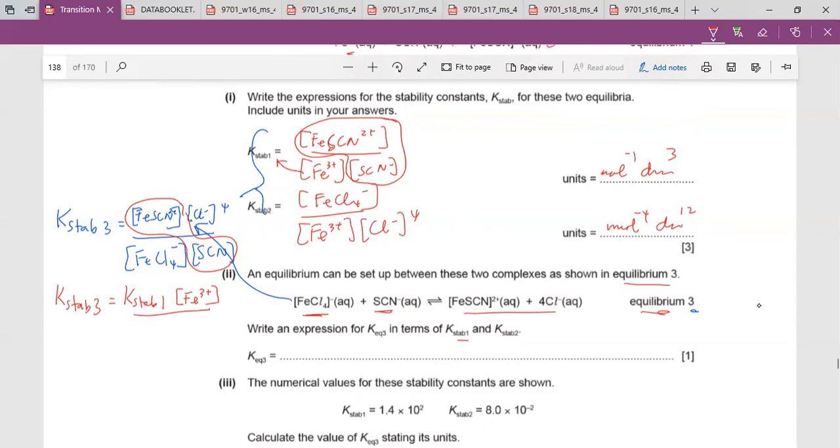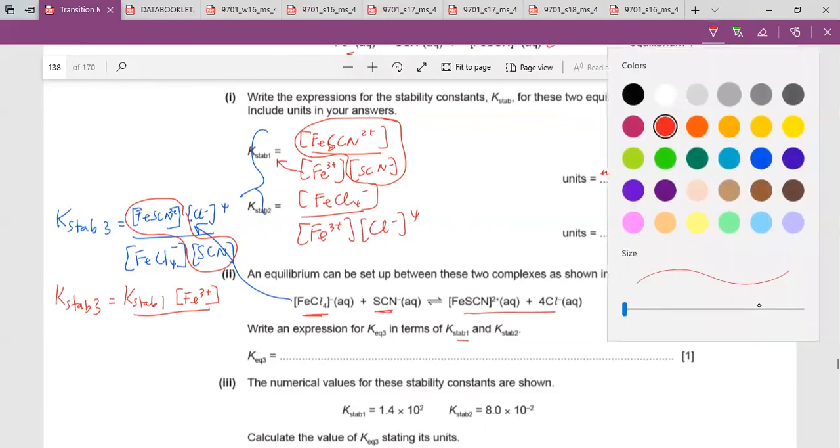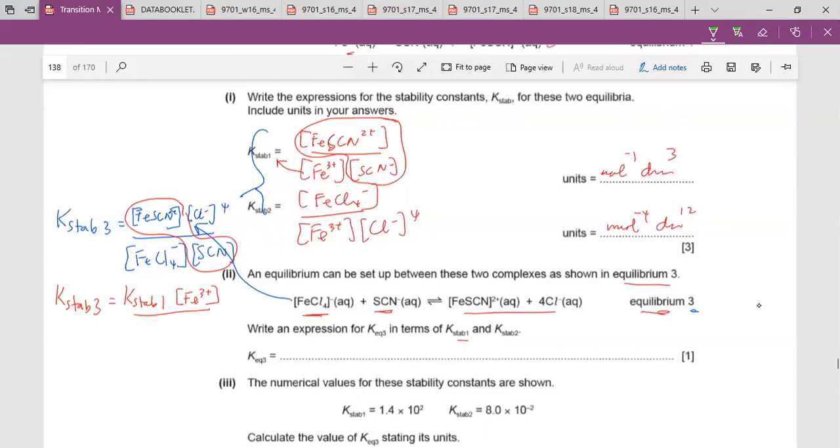Now look carefully. I'm going to use green color so you can see clearly. Okay. This part here, FeCl and Cl minus 4. Okay, here. It's actually this part here. So it's actually K step 2.